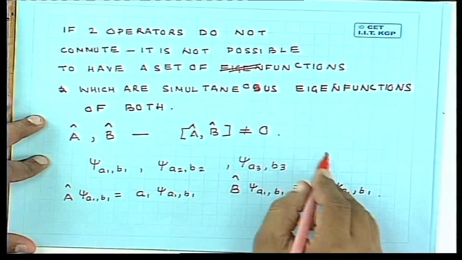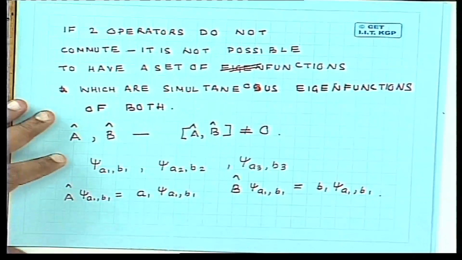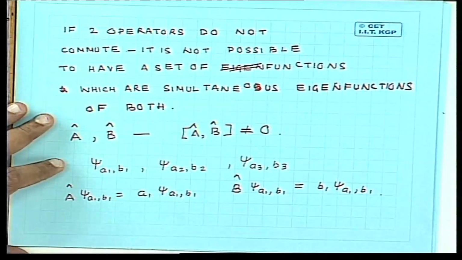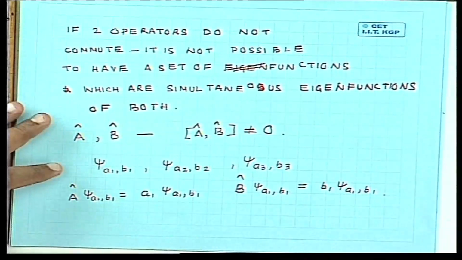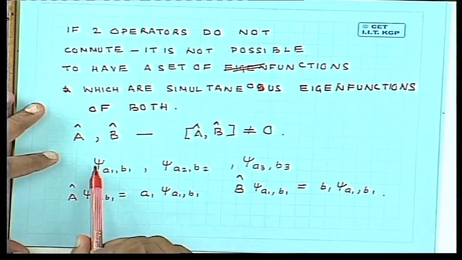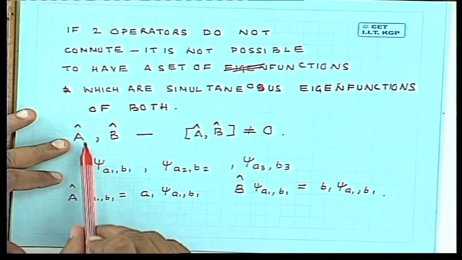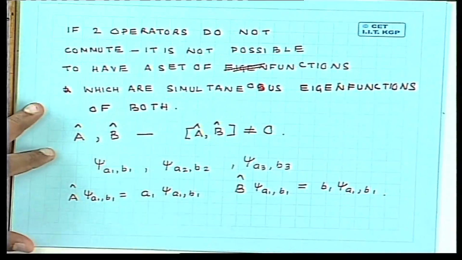You cannot have such a complete set of eigenfunctions. You may have one or two or three, a finite number of functions which are simultaneously eigenfunctions of A and B, but they cannot be a complete set, because if they were, you could expand any wave function in terms of these, and then the commutator would have to be 0.